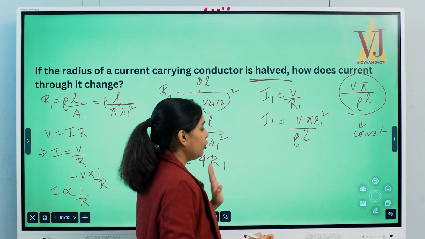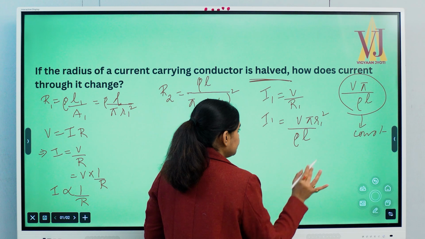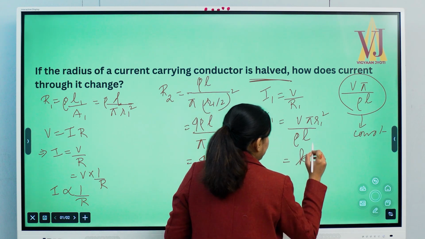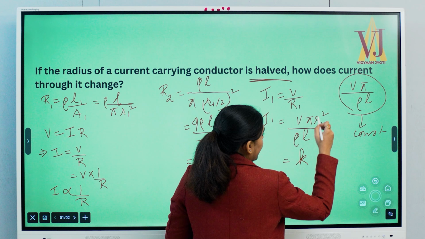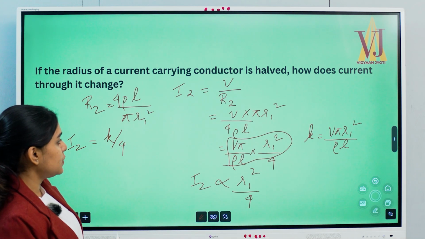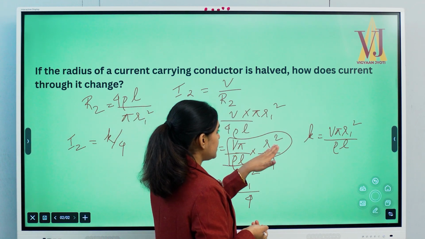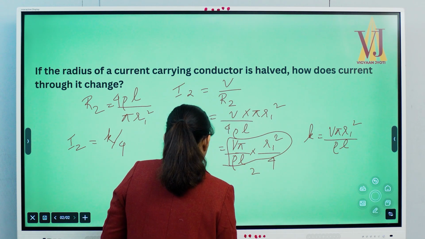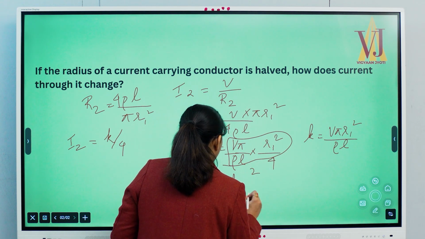This is what we had initially. So let's represent this whole thing, V pi R1 square and rho L, as K, and shift it to the next slide. Next we can use pi and everything as K. That means we can write here K by 4.